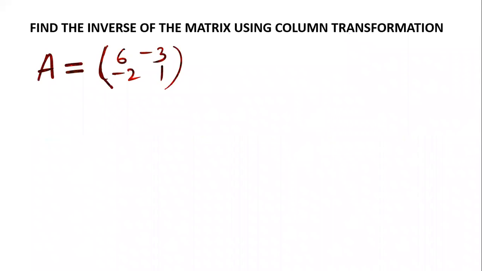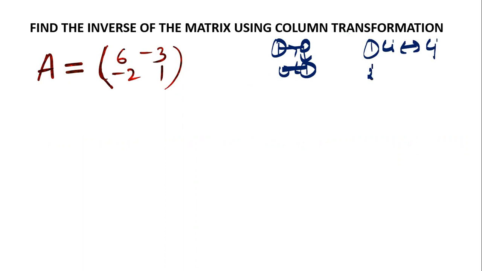Let's take one more example. Again, we will write the pattern 1, 0, 1, 0, and the same transformations will be used. We can interchange any two rows.